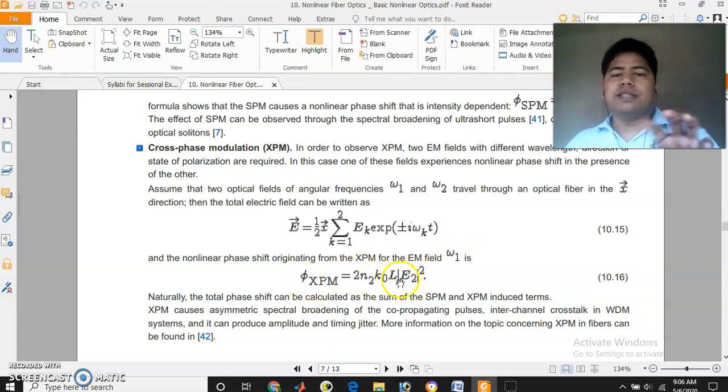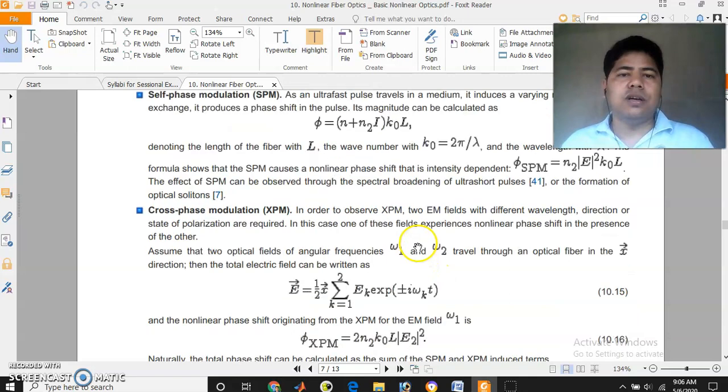Similarly, in omega 2 we will also have a phi XPM induced by E1. So these two optical fields will change each other's phase, producing new frequencies, and because of the new frequencies the pulse will be broadened enough.